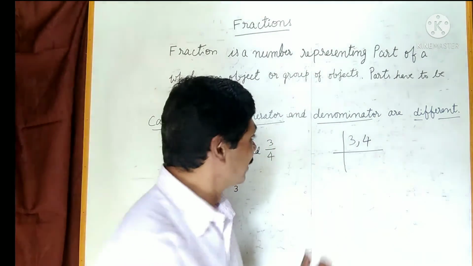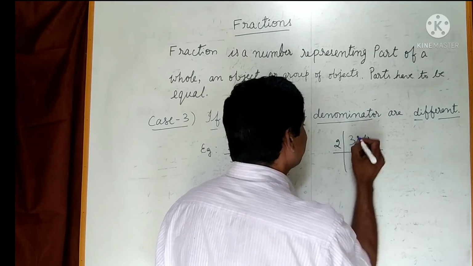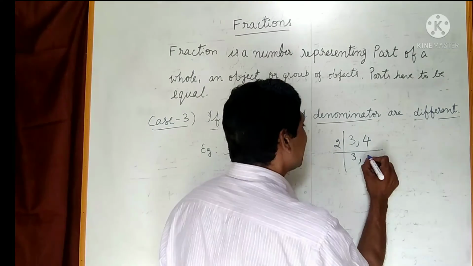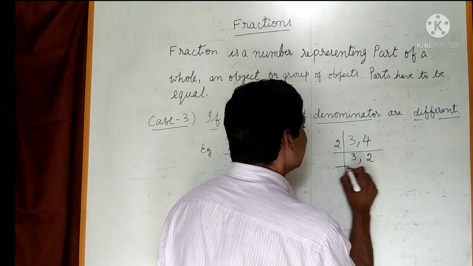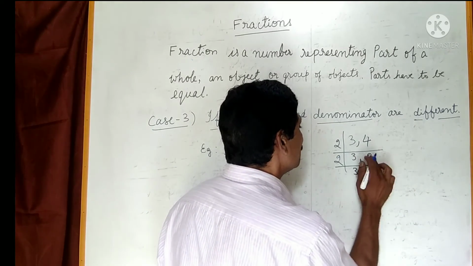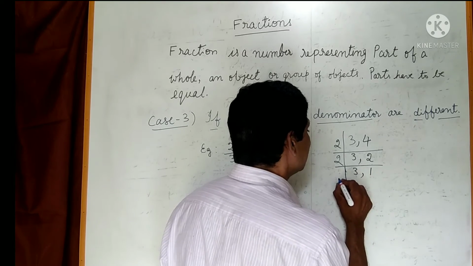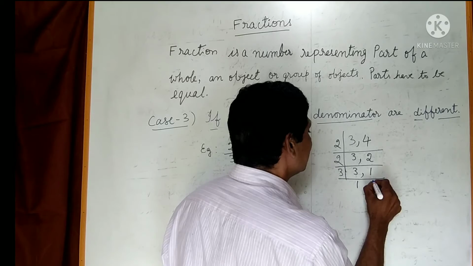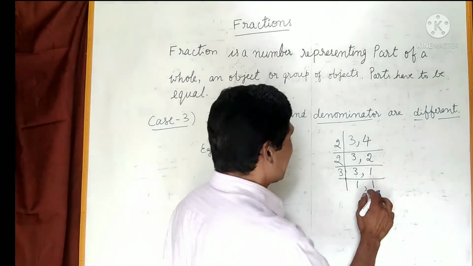Okay? We will divide by the smallest prime number. We keep 3 as it is. 2 2s are 4. Again it will go by 2. We will keep 3 as it is. 2 1s are 2. 3 1s are 3. Keep 1 as it is.